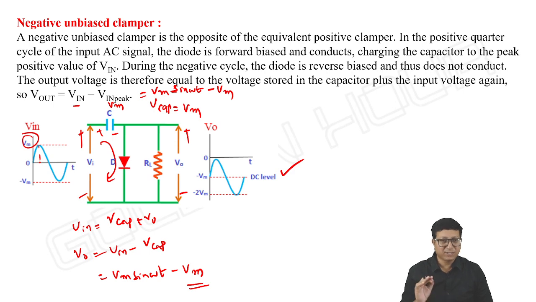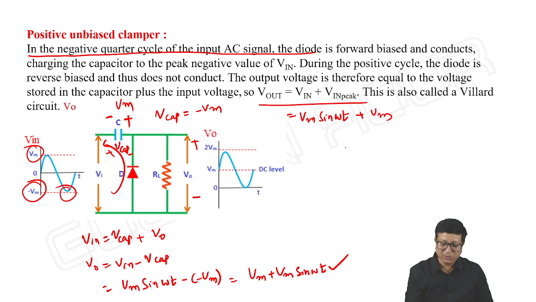Or simply speaking, the best way to remember the things is, in positive clamper, V output is equal to V input minus negative peak of the input.